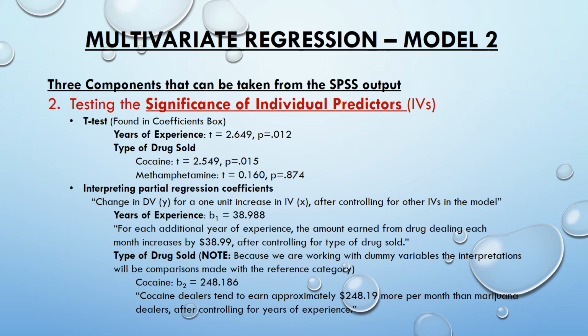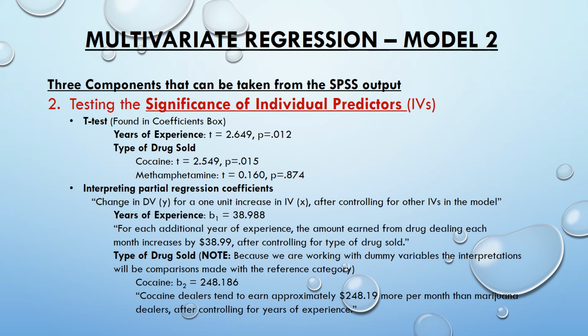It has p equals 0.015. So cocaine is a significant predictor. However, methamphetamine does not appear to have a significant impact on the amount of money earned. How do we know that? Because we look at the p-value for methamphetamine and we see that it's 0.874.